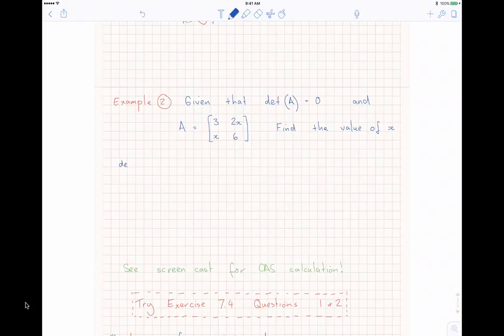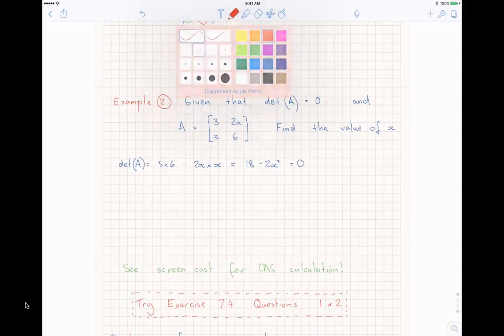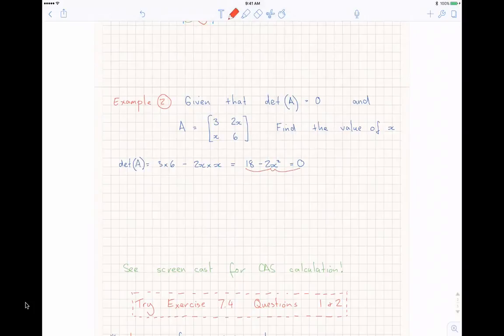The determinant of A is equal to 3 times 6 minus 2x times x. So that's just 18 minus 2x squared. And we're also given the information that the determinant of A is equal to 0. So in other words, 18 minus 2x squared is equal to 0. So now we just have to solve this equation for x.